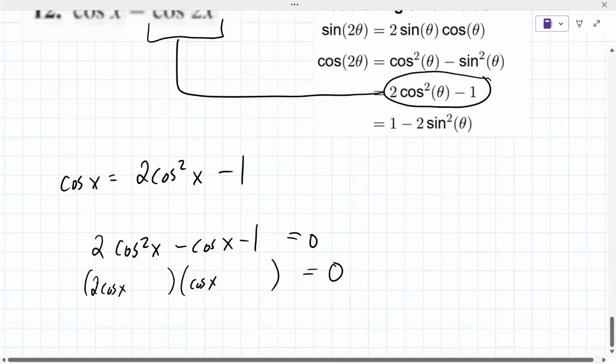This doesn't work because there's a 2 in front. It's really considered a grouping problem, but I would use the guess and check approach because you've only got one factor of cosine.